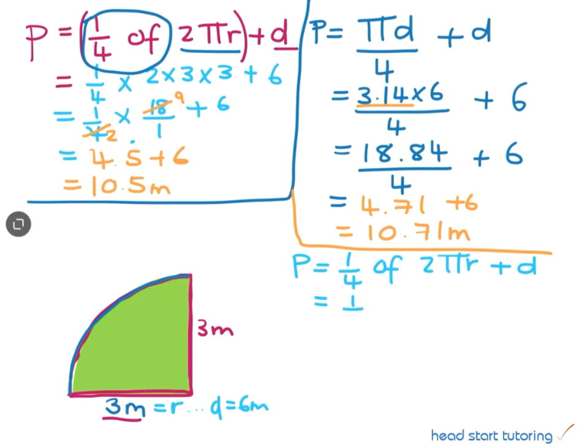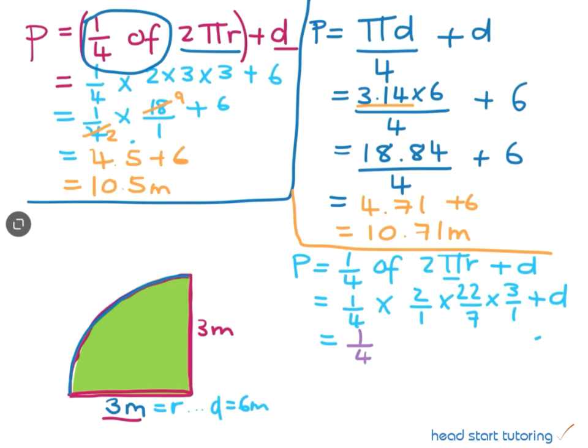So we end up with a quarter of, or multiplied by, 2 over 1 multiplied by 22 over 7, which is our pi, and multiplied by 3 over 1, which is equal to our radius, and we plus our diameter at the end.